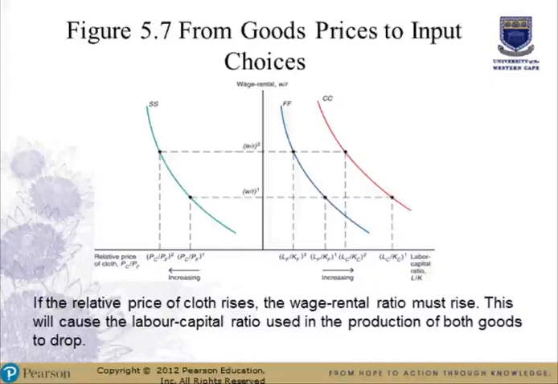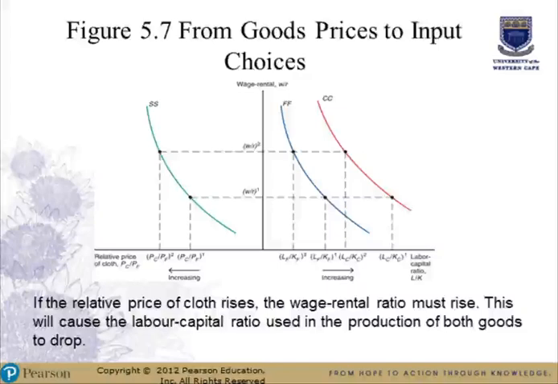Given that both goods are produced, if the relative price of cloth is PC over PF1, then the ratio of wages to capital rental rate will be W over R1. More so, the ratio of labor to capital employed in the production of both goods will be LC over KC1 for cloth and LF over KF1 for food.